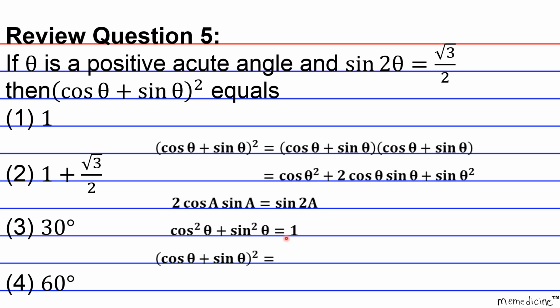So after performing our substitution, we get that 1 plus the sine of 2 theta is equivalent to the expression, the cosine of theta plus sine theta squared in this particular problem, okay? So our correct answer choice is going to be answer choice 2.